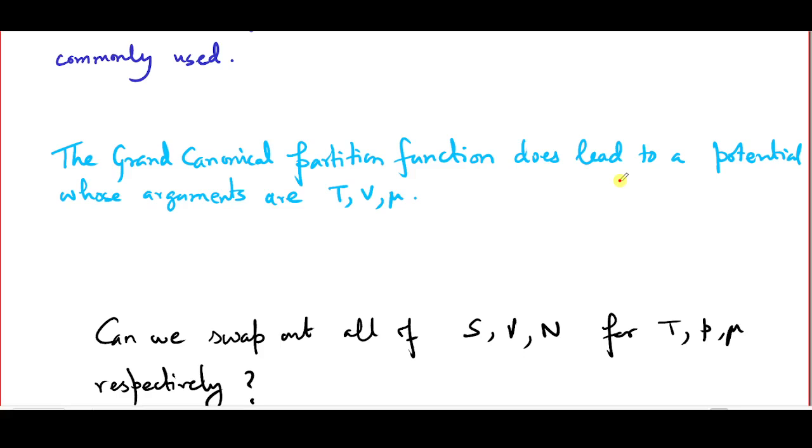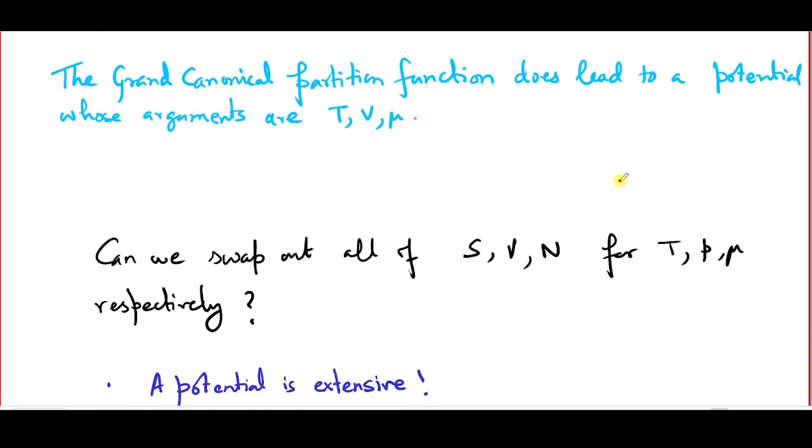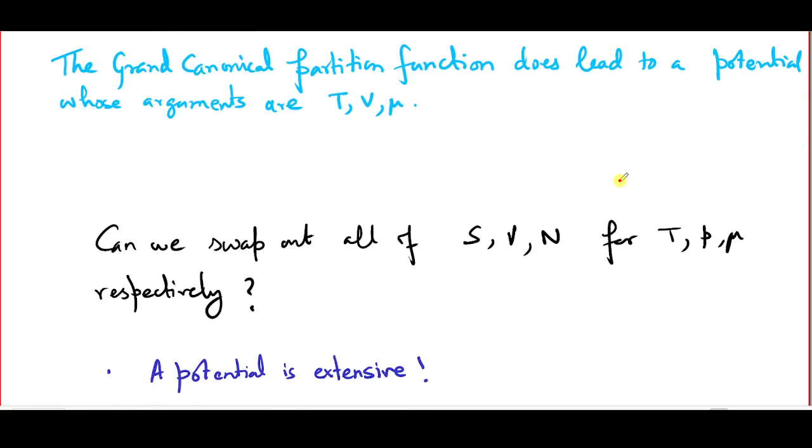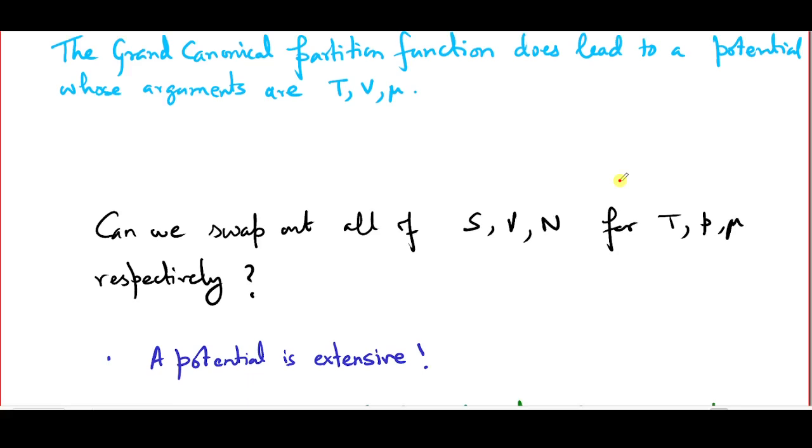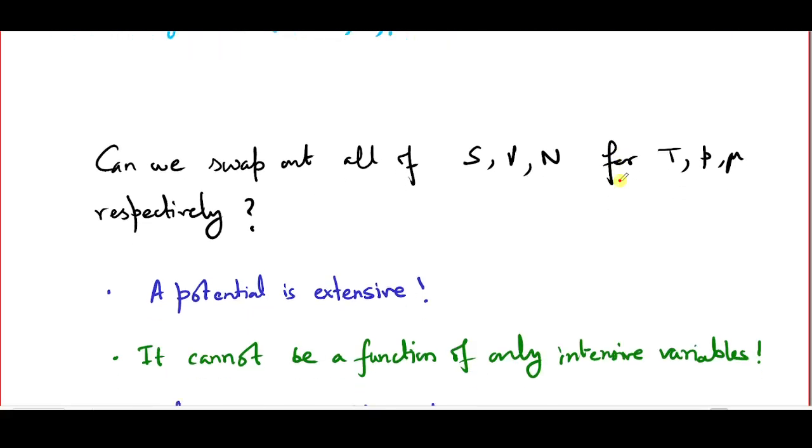And that is true for all of these thermodynamic potentials that we have got so far. So the thermodynamic potential we expect here would be extensive. However, it is now written as a function of temperature, pressure and chemical potential, each of which are intensive variables. So how can an extensive variable be a function of only intensive variables?